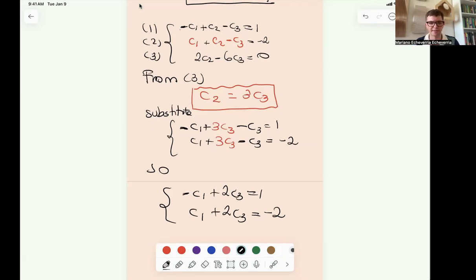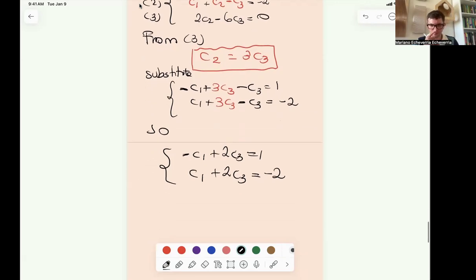Otherwise, everything will get messed up. This is very easy to solve if you add the equations together, right? If you add the equations, these two cancel. So you get 4C3 equals -1, and so C3 equals -1/4.